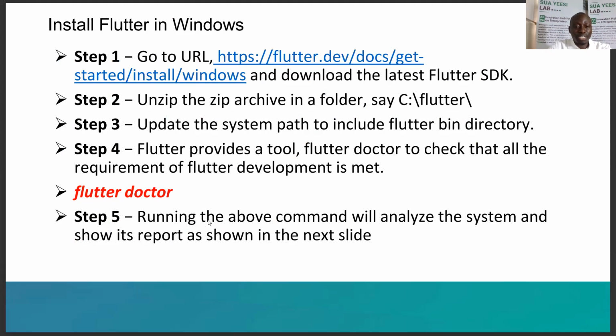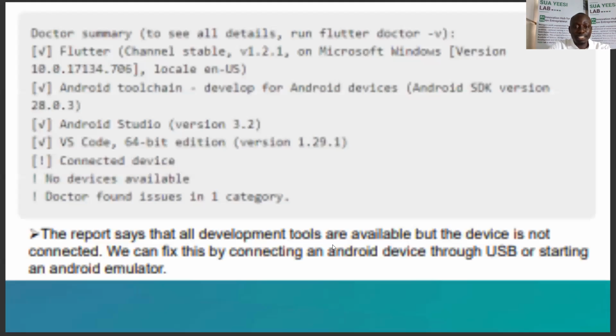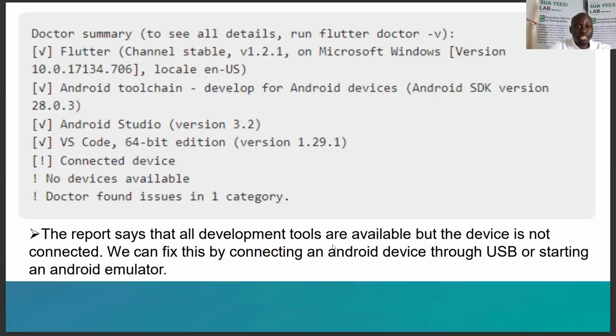Step number 5, run the above command, which will analyze the system and show its report as shown here. So this is the report which will be generated after running the Flutter Doctor command.